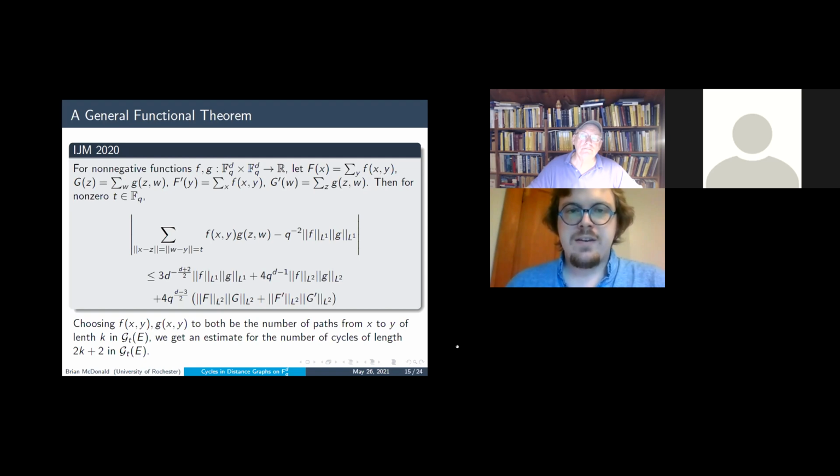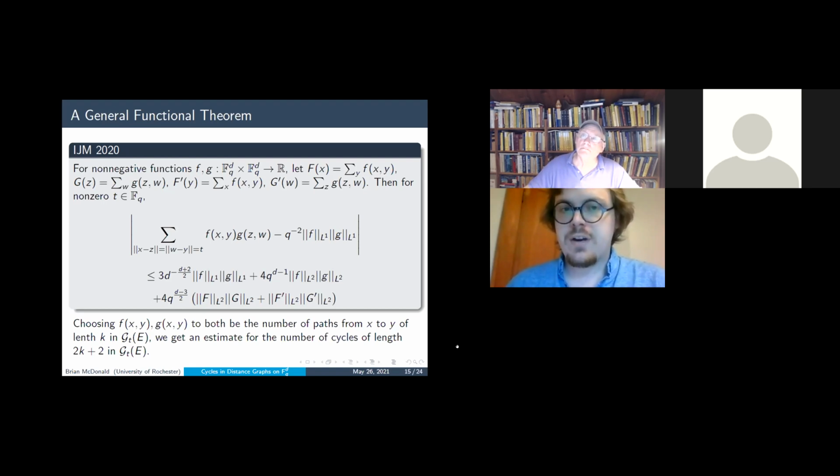Before we take the sum, for a fixed x, y, z, and w, as long as there's an edge from x to z and an edge from w to y, this would count the following: we have a path from x to y of length k and a path from z to w of length k, and we have x connected to z by an edge and w connected to y by an edge. What this really is, is a cycle of length 2k plus 2.